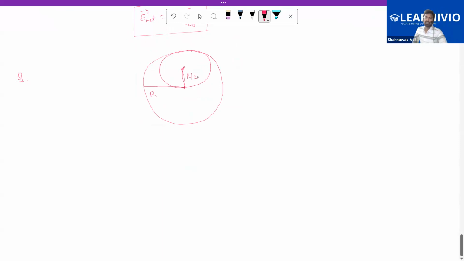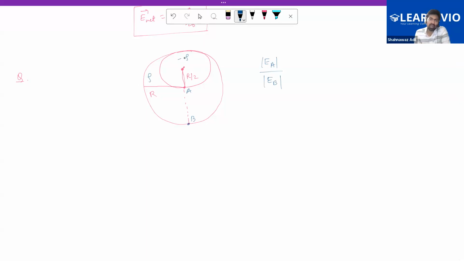Now you have 2 points, this point A and this point B. The question is, what would be the mod EA divided by mod EB? Remember that you have this charge density rho, and the cavity will have the charge density minus rho.